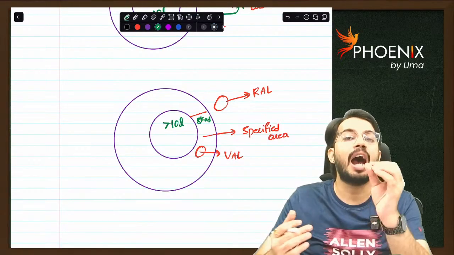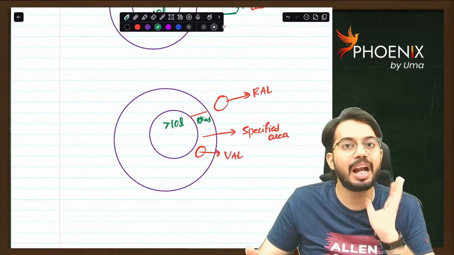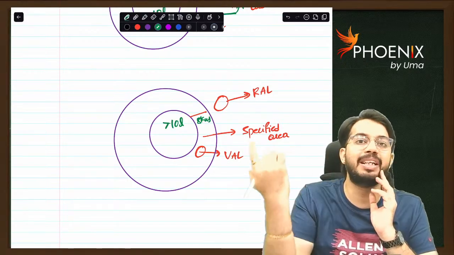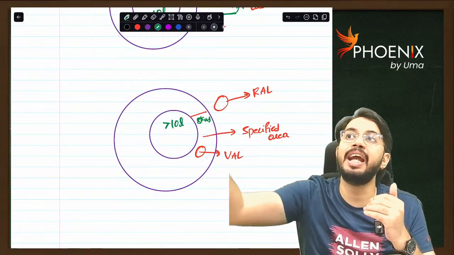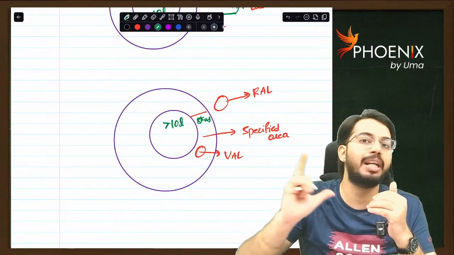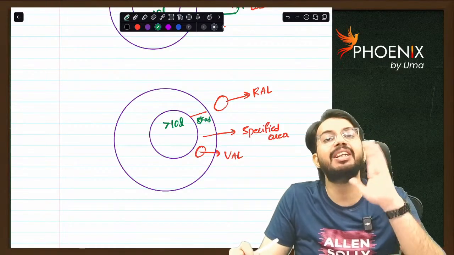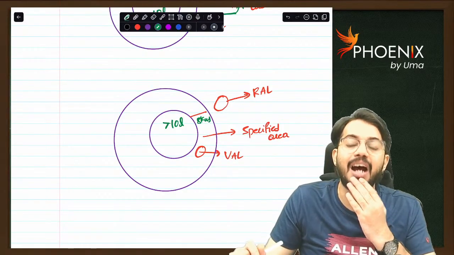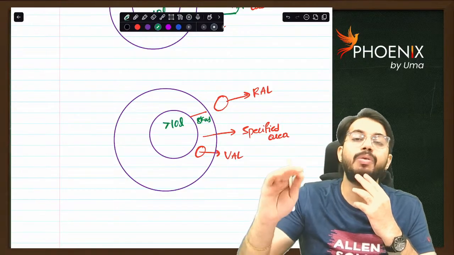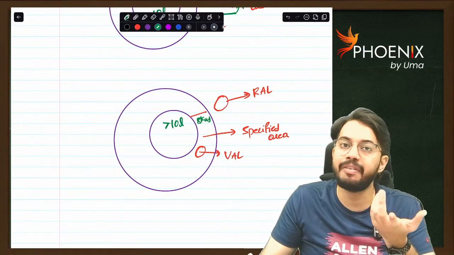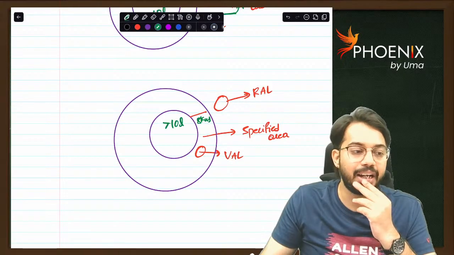Take Hyderabad. Hyderabad's population is 1 crore, which is more than 10 lakhs. So the entire Hyderabad is urban area. From the end of Hyderabad, the next 8 kilometers from the end of the municipality is also considered urban area. Within urban area, if you have agricultural land, that is urban agricultural land. Outside 8 kilometers, any agricultural land will be considered rural agricultural land. Are you able to understand?